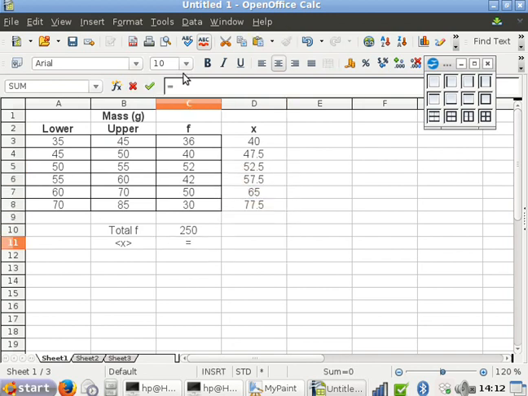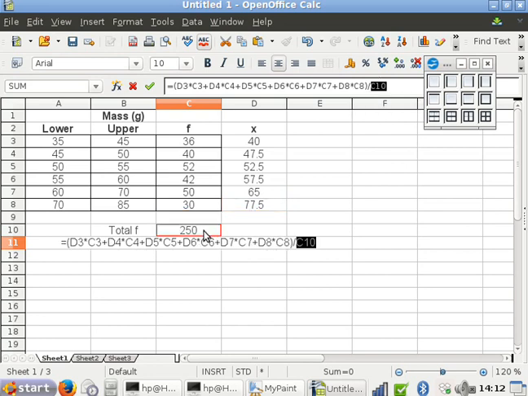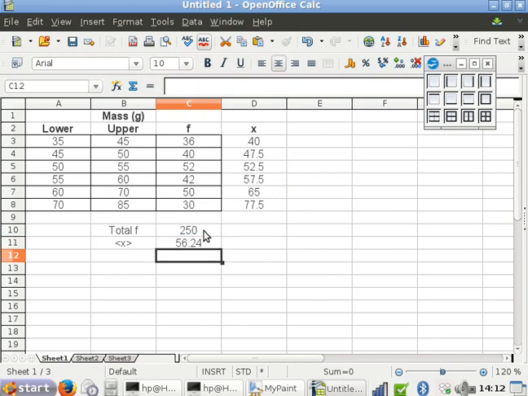Okay, so the mean is x times f plus x times f plus x times f plus x times f plus x times f plus x times f, divided by the total frequency, which is 250. So when you put that in on your calculator, you'll get mean is 56.24. And that answers the first part. So is that first part okay for you?